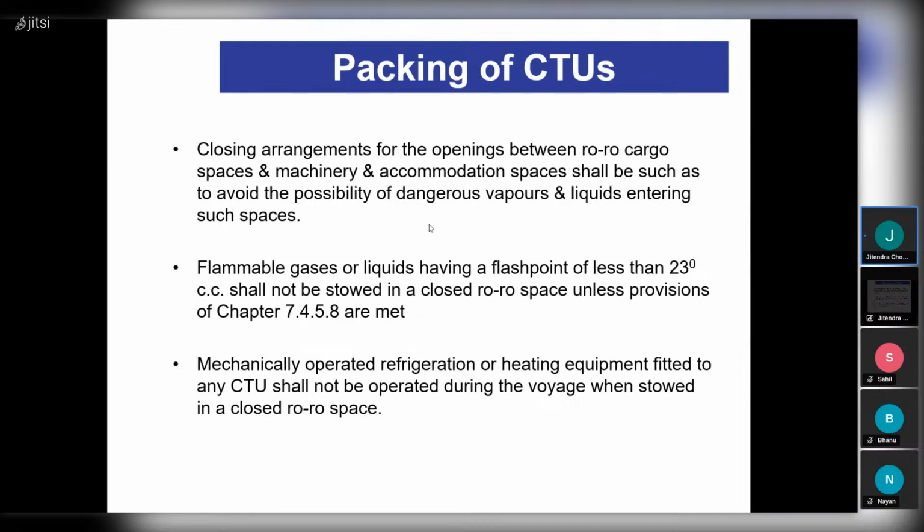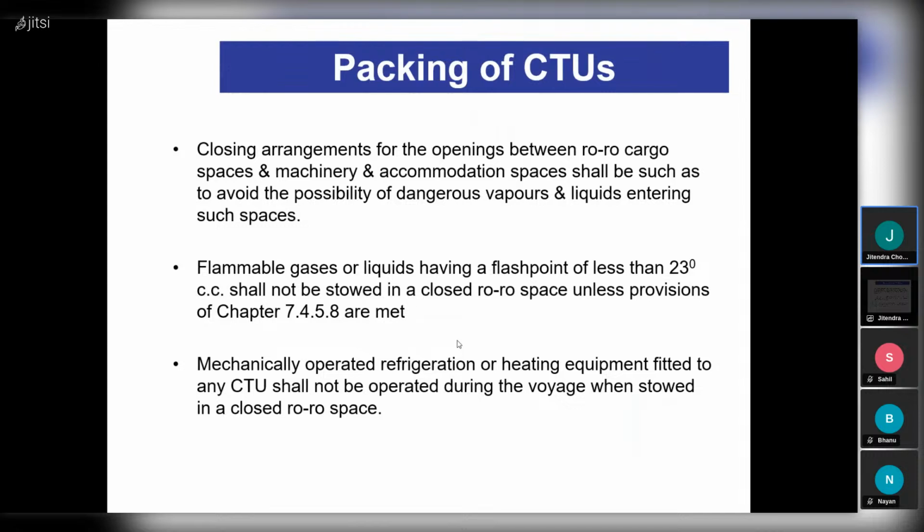A very flammable liquid or chemical oil which has a flash point less than 23 centigrade should not be allowed in closed ro-ro spaces. So you have to see as per the dangerous goods list, seeing the cargo, if it can be stored in a ro-ro ship or not, and if it can be, how much, what is the segregation requirement.